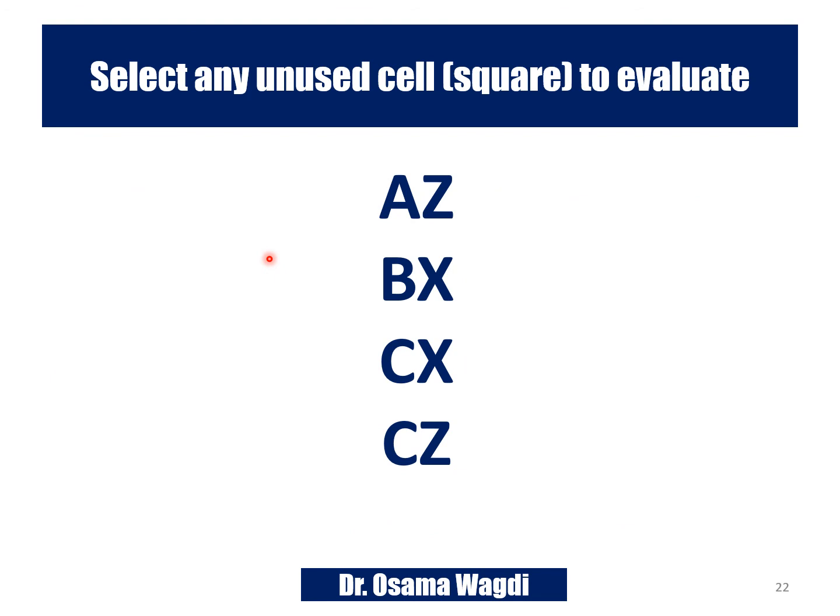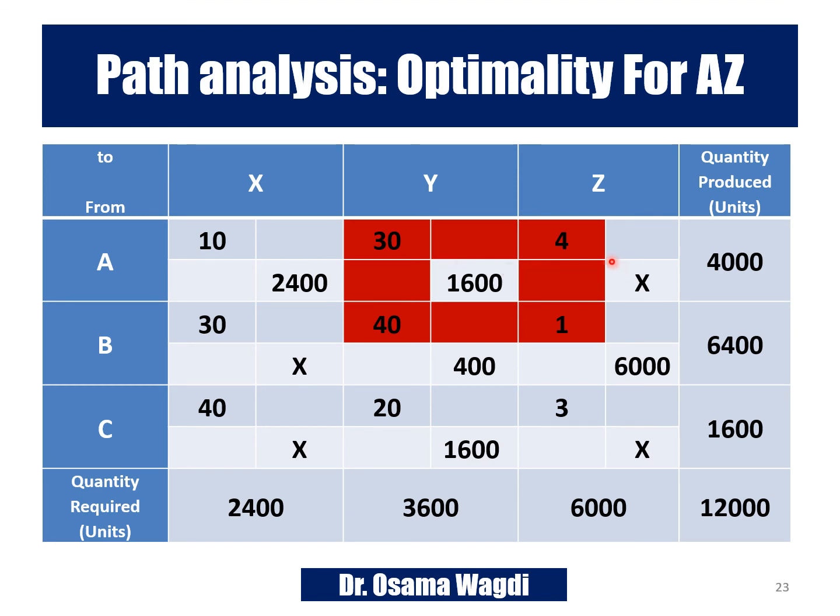Select any unused cell square to evaluate, like for example AZ, PX, CX, CZ. So we're going to start from the first cell, which is AZ. Here's our cell, AZ, the empty one. So going to make my transaction 4 plus 30 minus 40 plus 1.